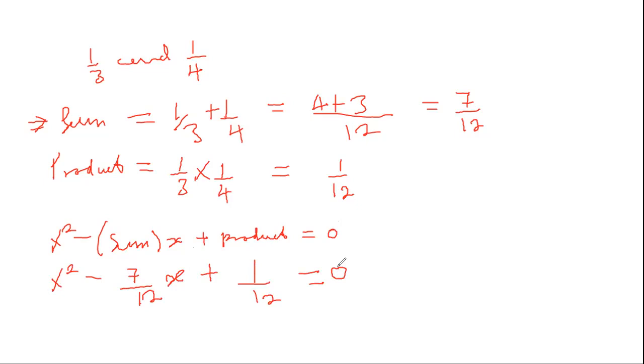So multiplying by 12 to remove the fraction, we would have 12x squared minus 7x plus 1 is equal to 0. And that would be our quadratic equation. So I think for now we can stop there.